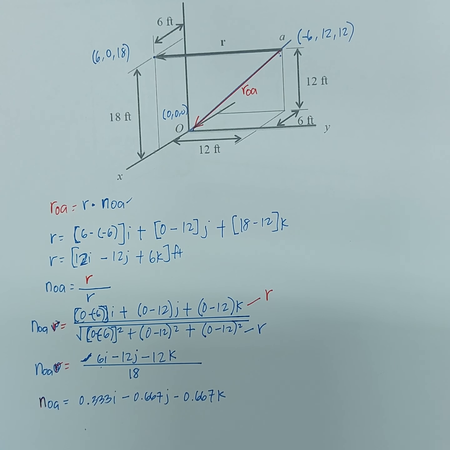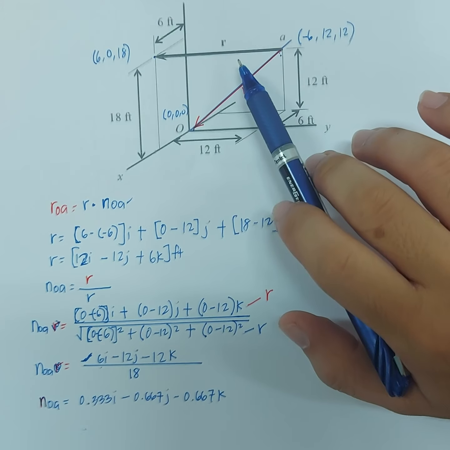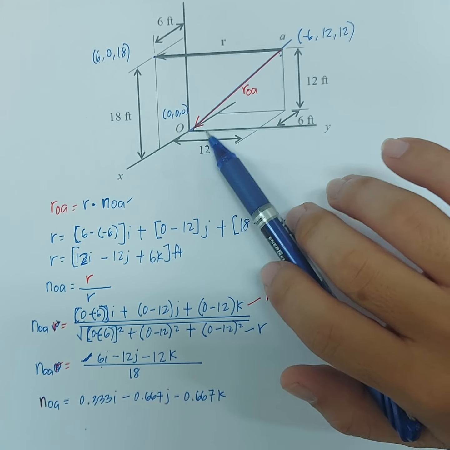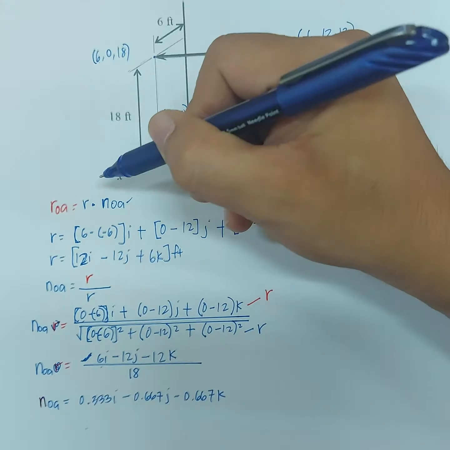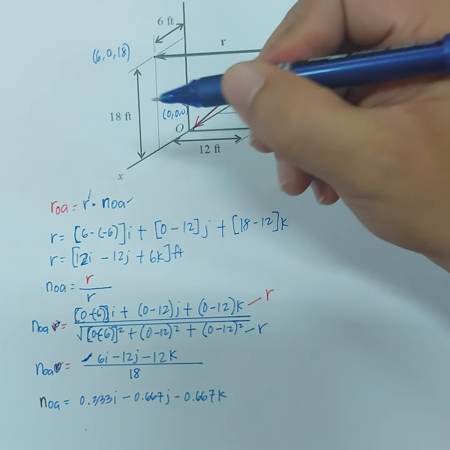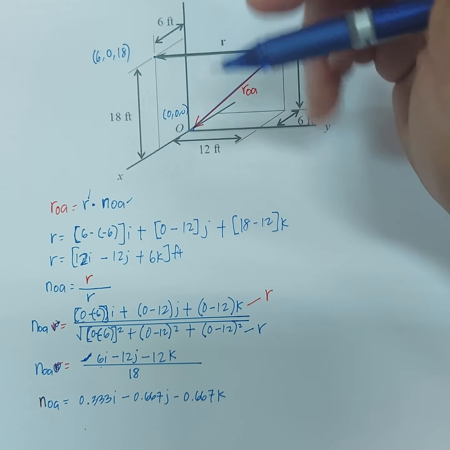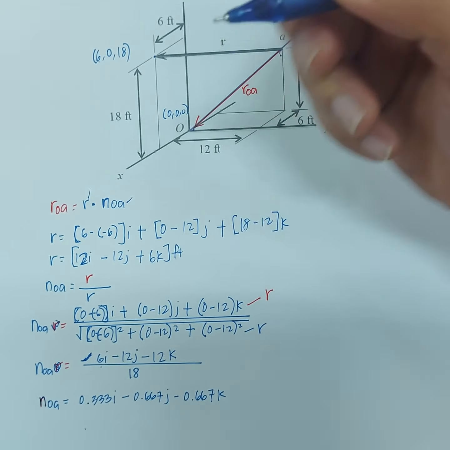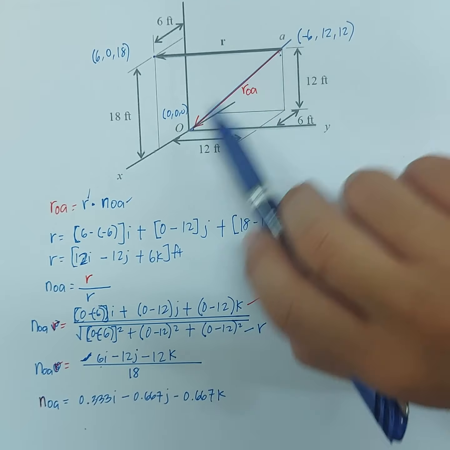So we now have complete items to solve for the component of position vector R along axis OA. We solved the position vector R, and then the unit vector along axis OA.